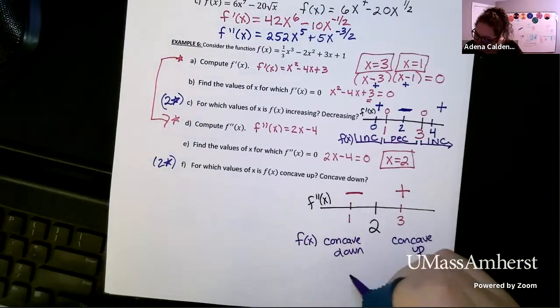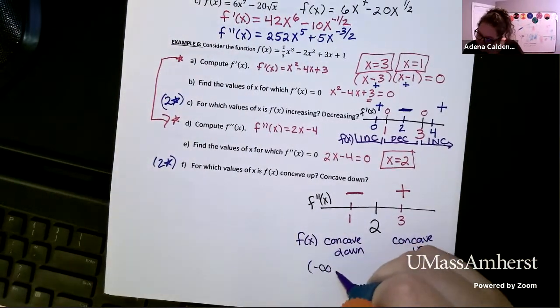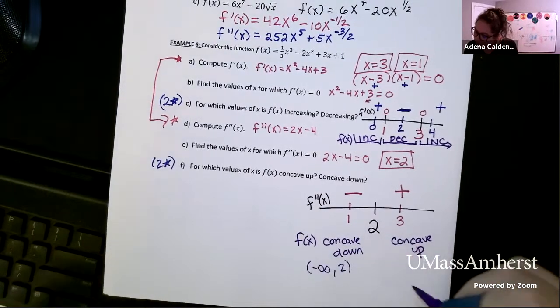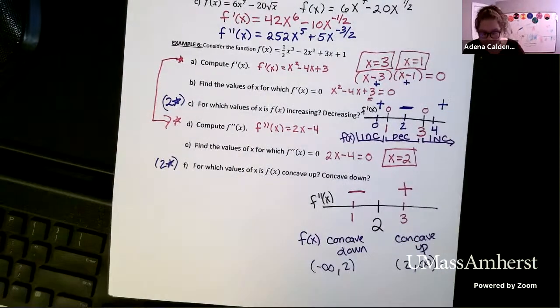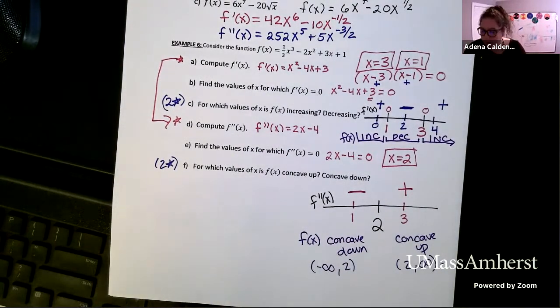So I'm concave down from negative infinity until 2, and I'm concave up from 2 to infinity. So I'm able to use these formulas to start to find these intervals exactly. So that's another one of the main benefits of using these formulas, okay?